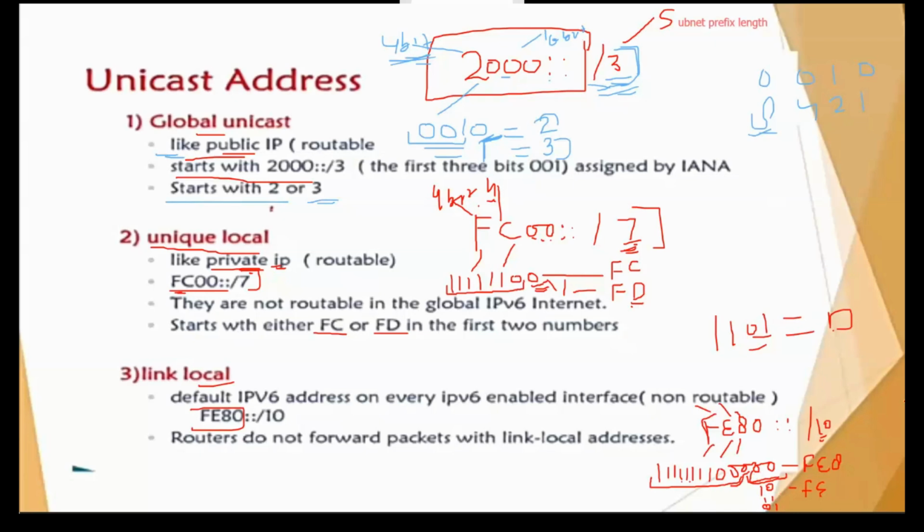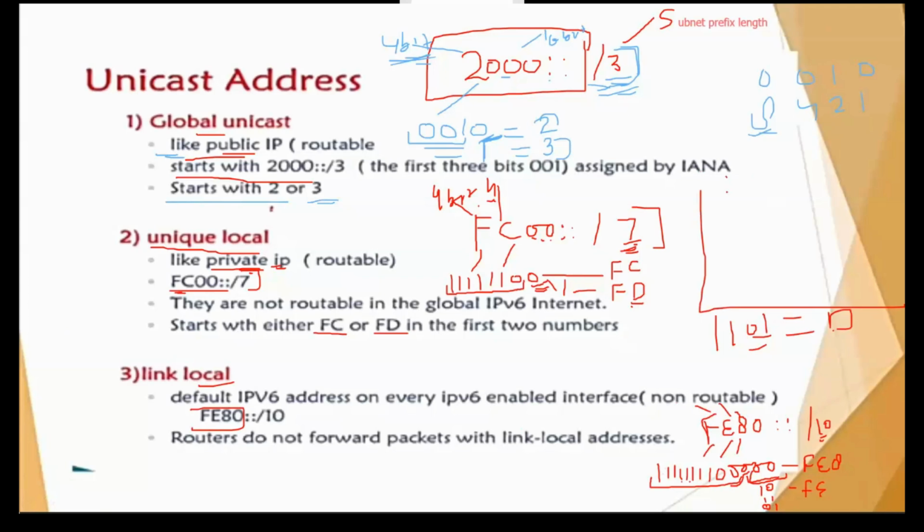I think I did something wrong. F means starting 4 field, fine. Then E means 1 1 1. Okay, actually I put a wrong value there. Just a minute, let me correct it.